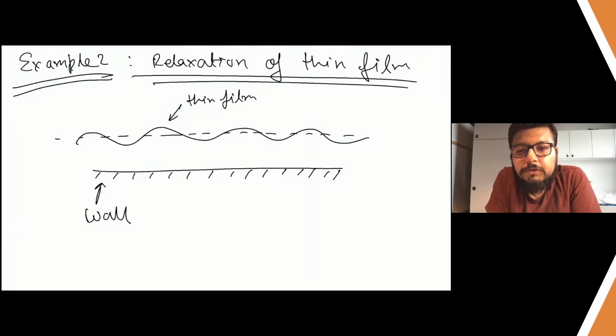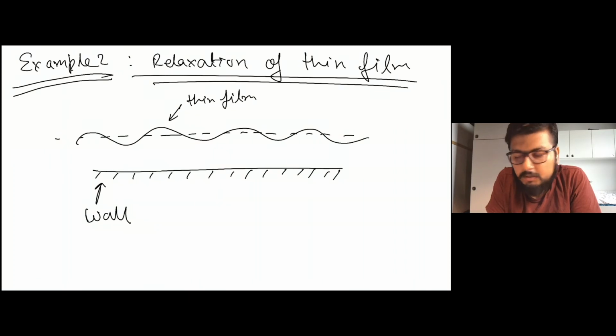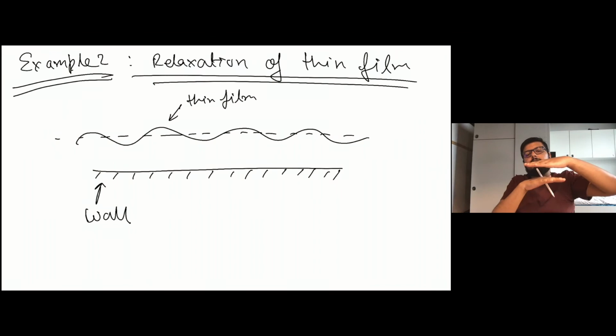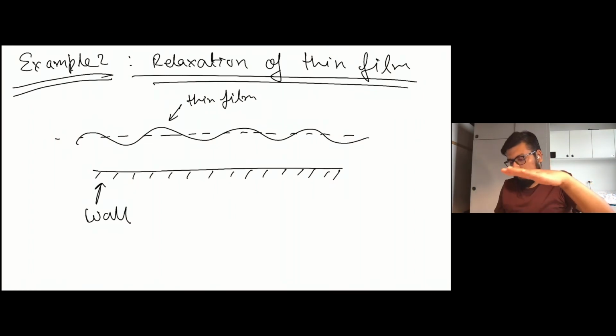So now we are going to look into the second type of problems that we often encounter with lubrication flows, and this is the case where we have a thin film on top of a wall. Now in this thin film we have provided some disturbances on the surface.